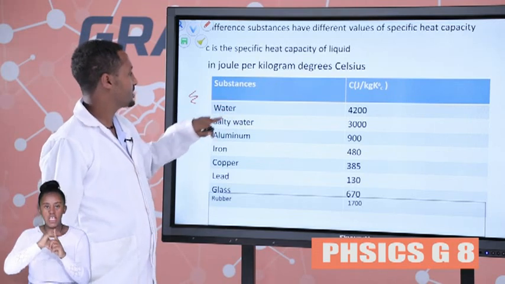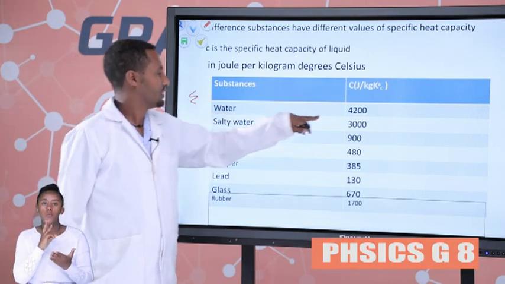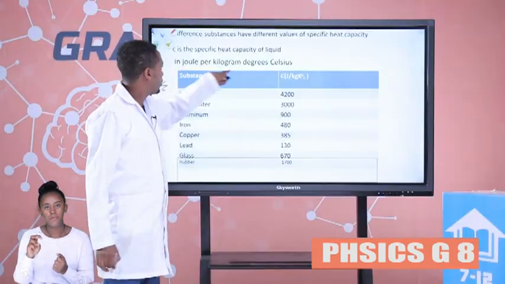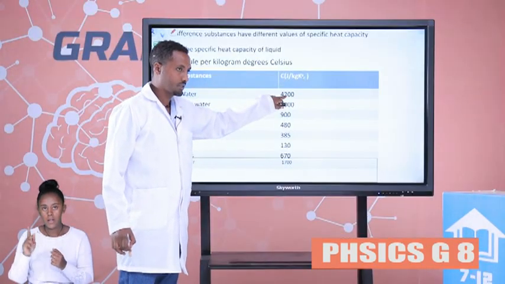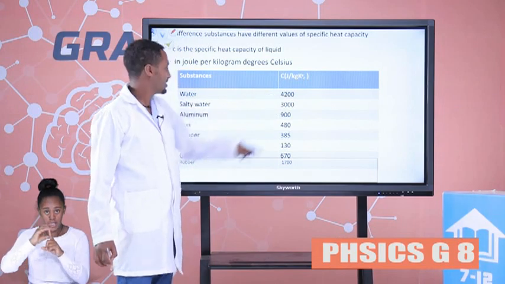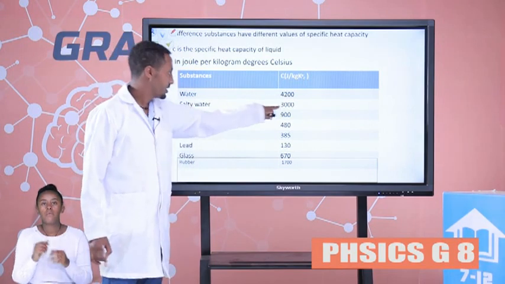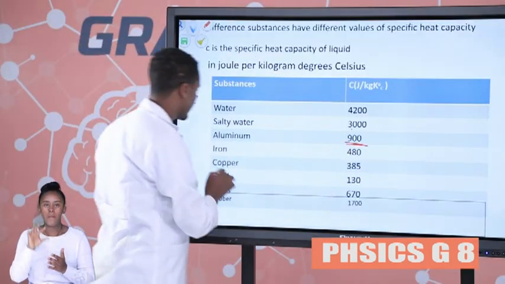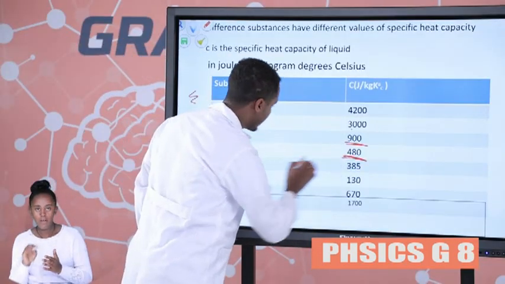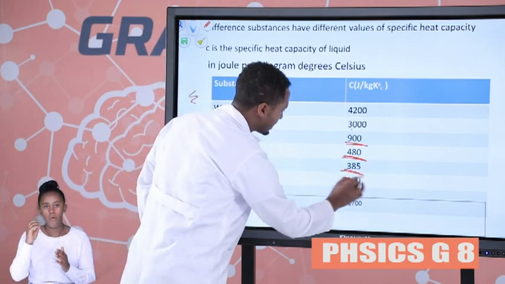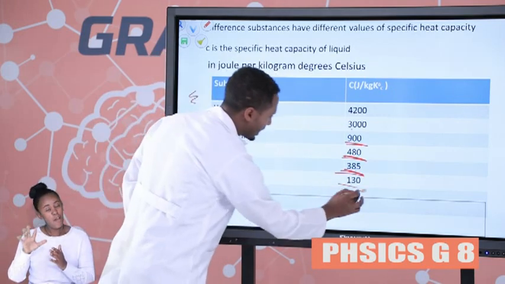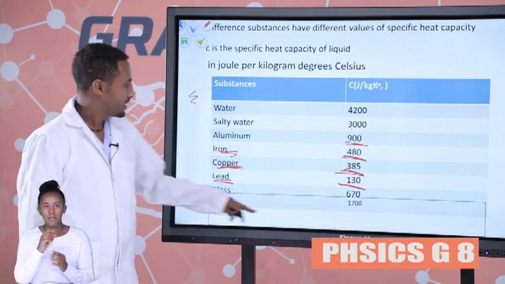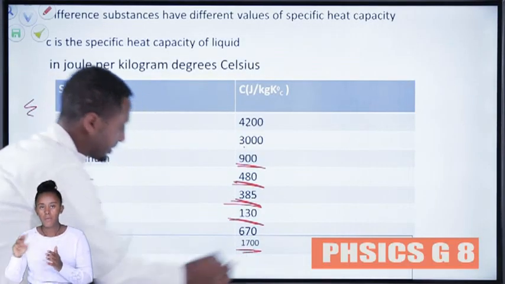The substance water is 4,200 joule per kilogram degree Celsius, salty water 3,000, aluminum 900, iron 480, copper 335, lead 130, glass 670, rubber 1700.